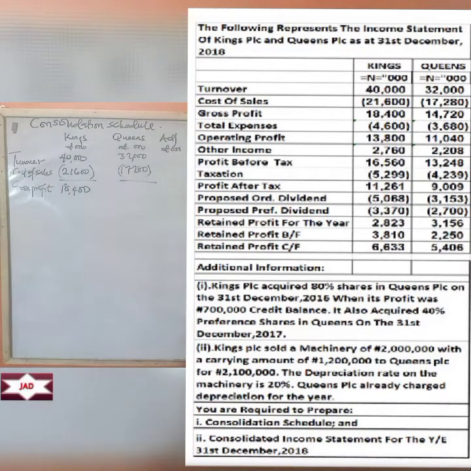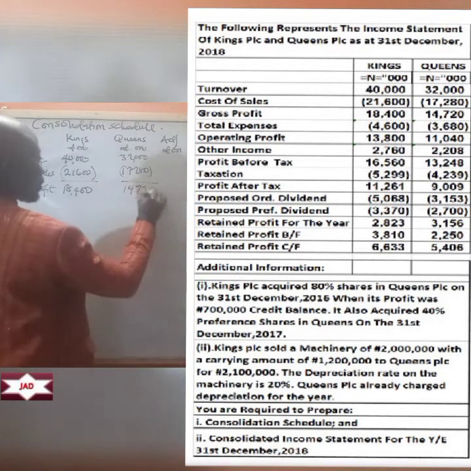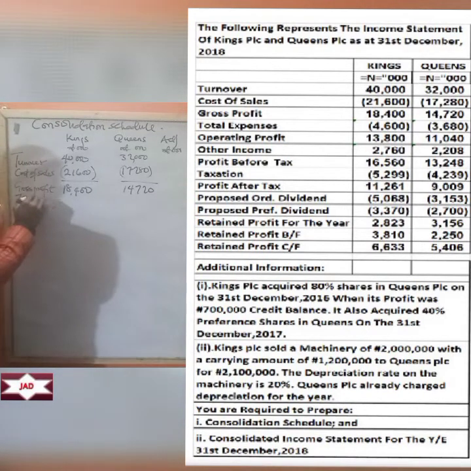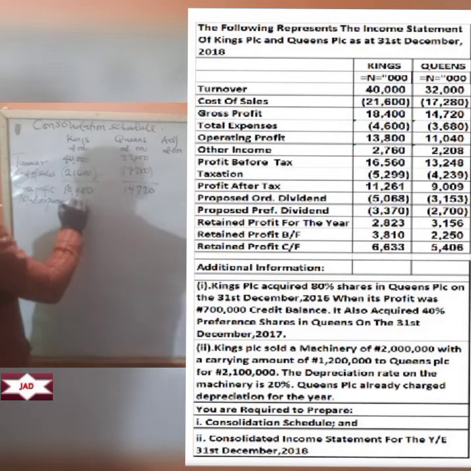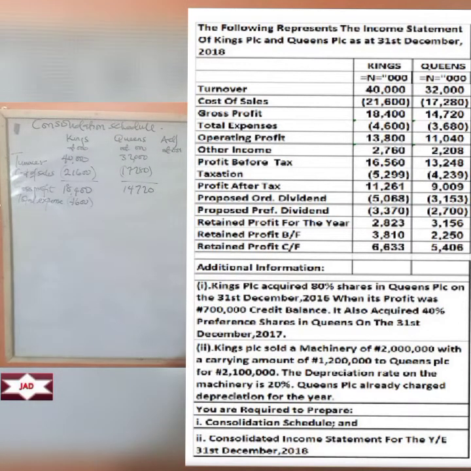What do we have here? 14,720. We have total expense there, 4,600 and 3,680.